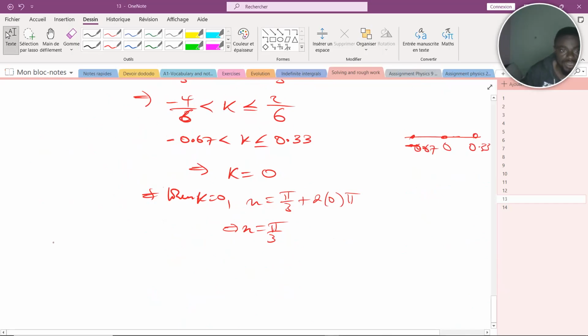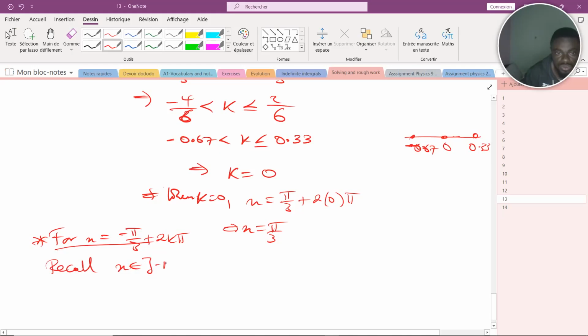Okay, now for the last one, for x equals to minus pi on 3 plus 2k pi. Recall that x belongs to minus pi, pi. This implies minus pi on 3 plus 2k pi will be strictly greater than minus pi but less than or equals to pi.